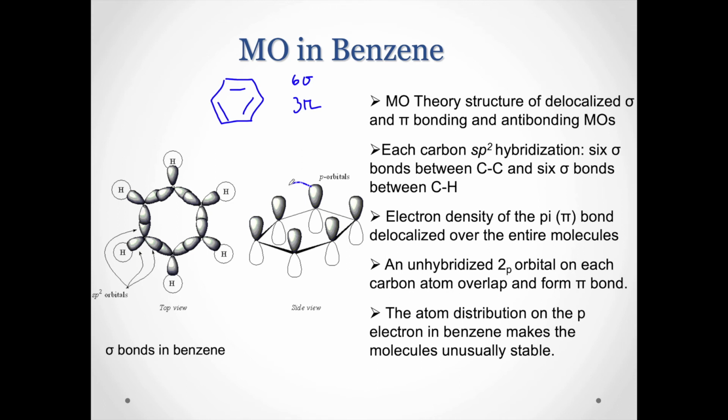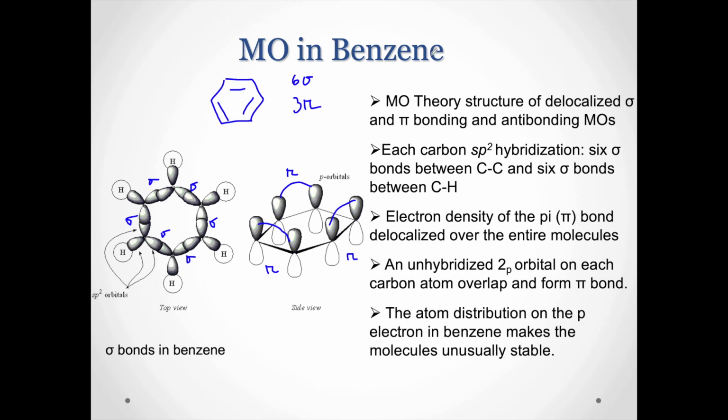So this is 1 pi, we have 3, and then this is the second pi and this is the third pi. While for the sigma, we have 6 here: 1, 2, 3, 4, 5, and also 6 sigma.